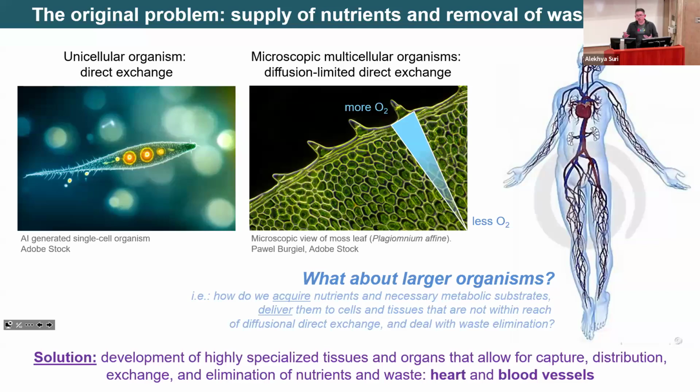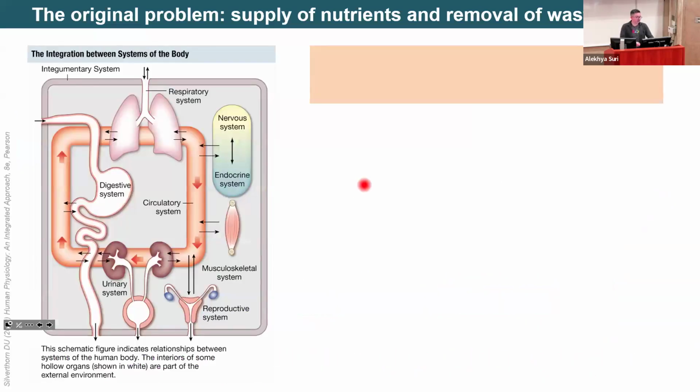And very close to the heart and the blood vessels, we have other structures that are important in the capture and the elimination. So for instance, we can capture nutrients using digestive systems, right? And the digestive system is basically just a tube of structures that enables the capture, the processing, and the digestion of macronutrients, so like macromolecules, into individual monomers, right?